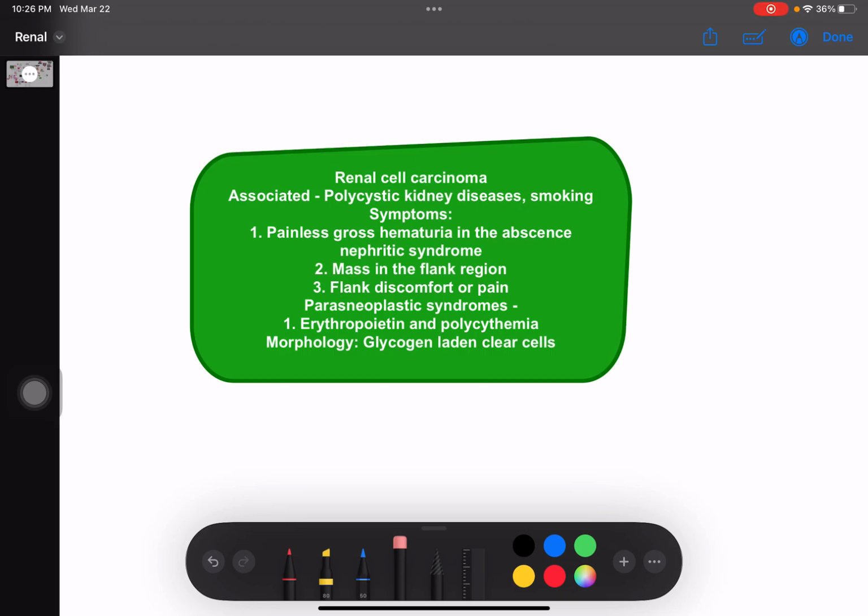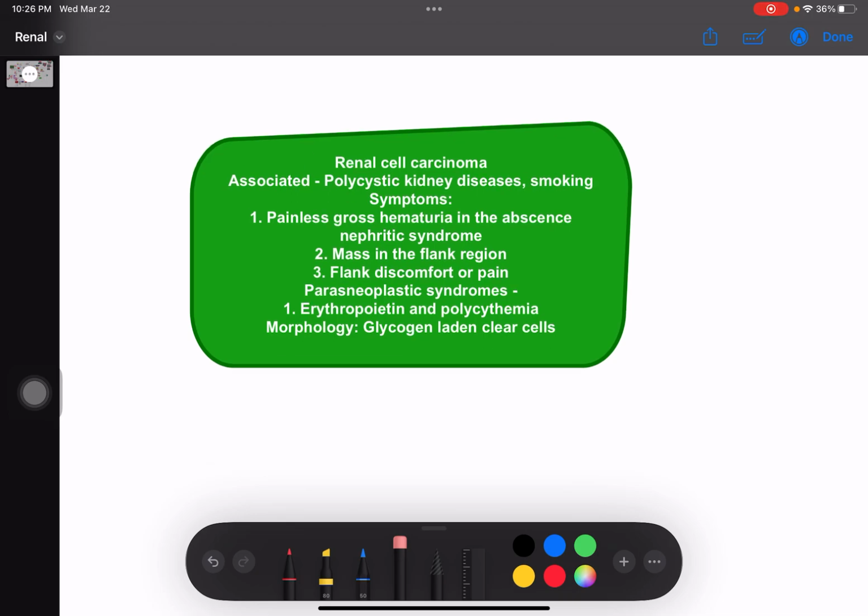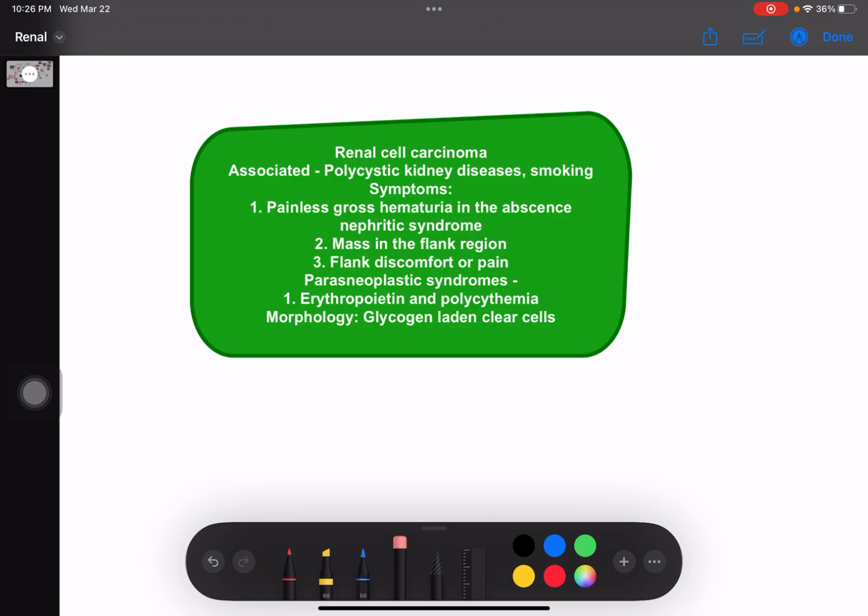There can be pain or discomfort in the flank region, and it can also be characterized with paraneoplastic syndrome, which include the production of a lot of erythropoietin, which will cause the increased synthesis of RBCs, leading to polycythemia. Also, it can cause a Cushing-like syndrome with the increased synthesis of steroids.